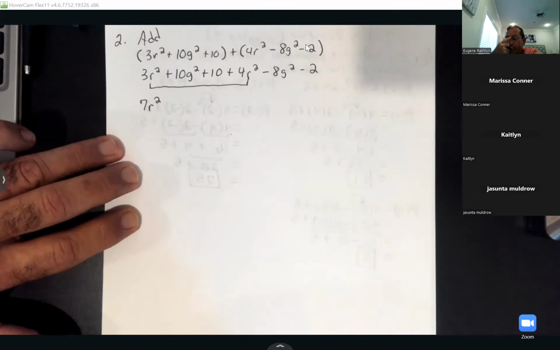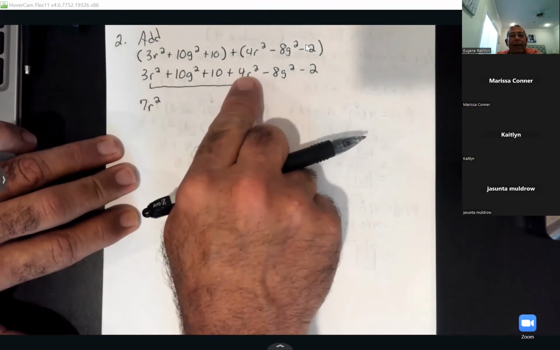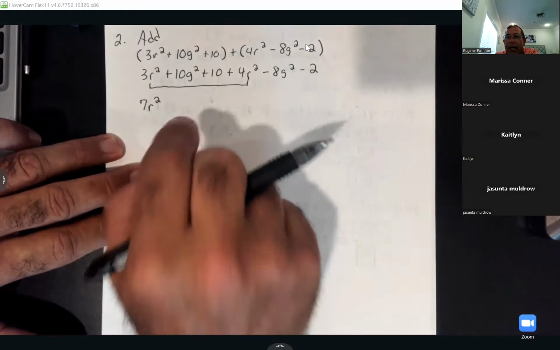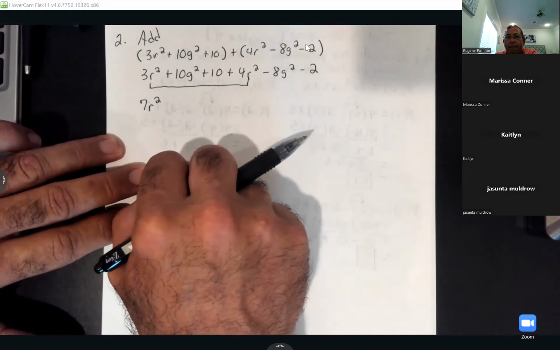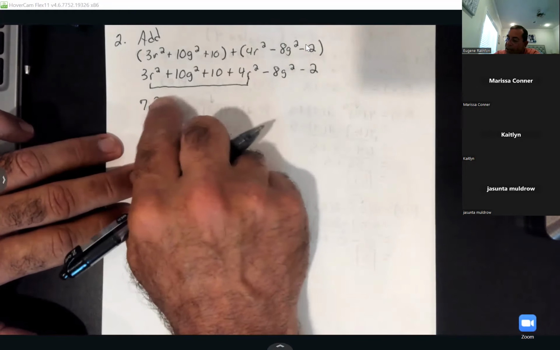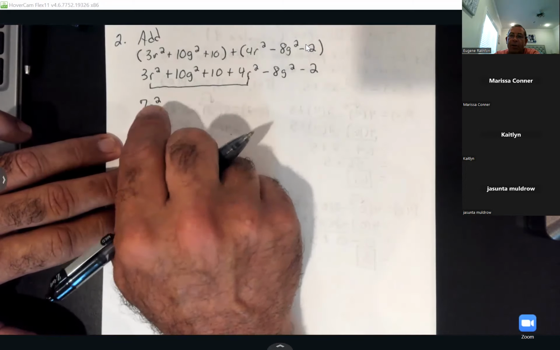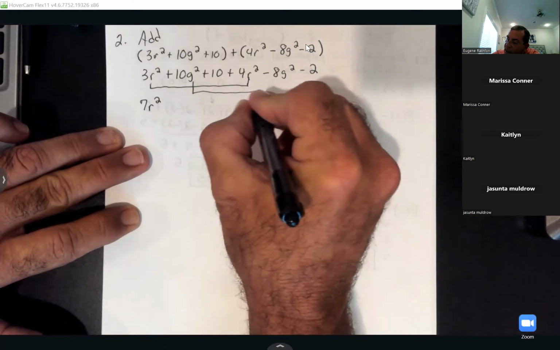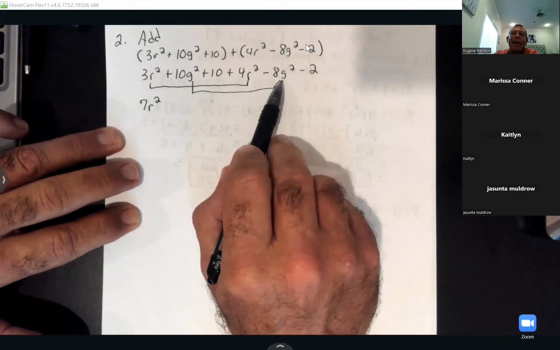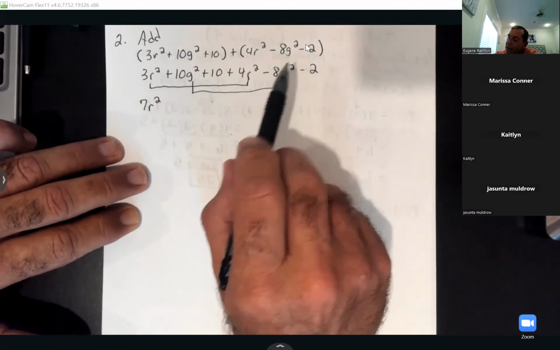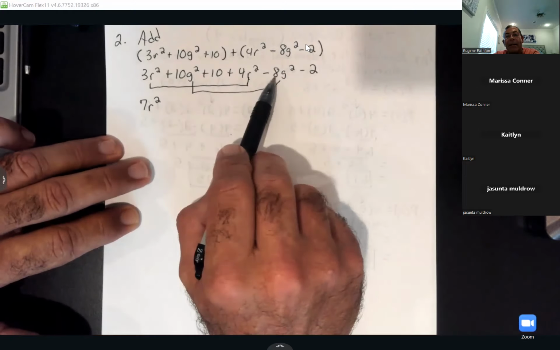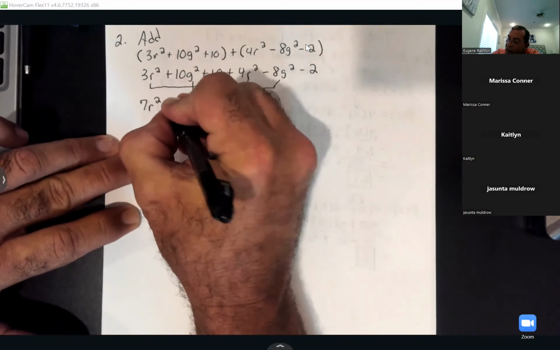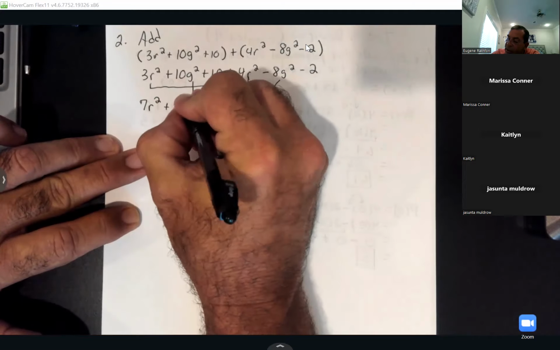Now remember, when you're adding, you cannot change exponents, okay? When you add like terms, they will stay what they look like. So then I'll take the 10g squared, add that to a negative 8g squared. So basically 10 minus 8, that's going to give me a positive 2g squared.